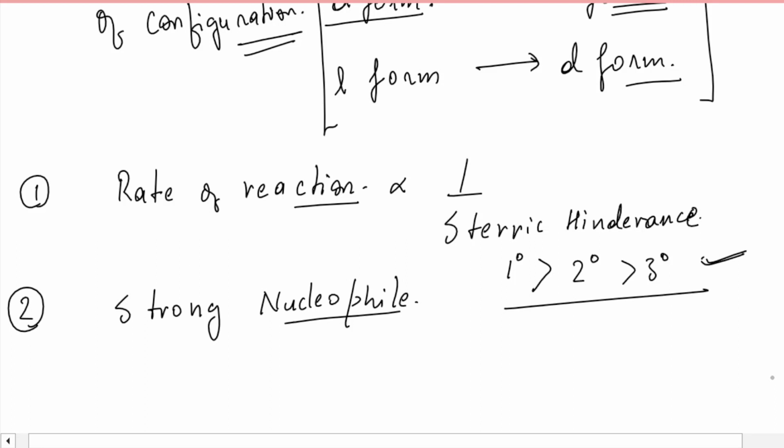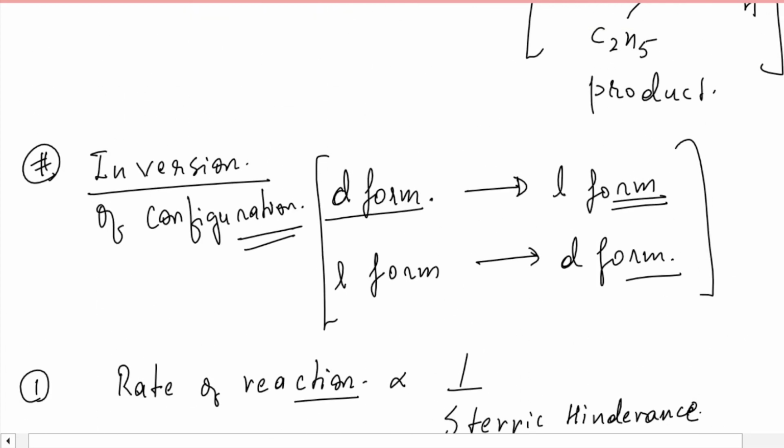If the halide is primary, there are maximum chances that the reaction will proceed by the SN2 mechanism. If a strong nucleophile is there, there are fewer chances for the formation of carbocation, and hence the reaction will occur by the SN2 mechanism.